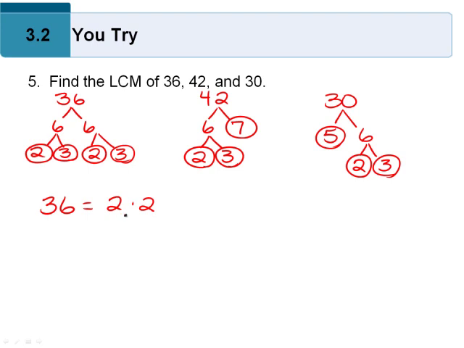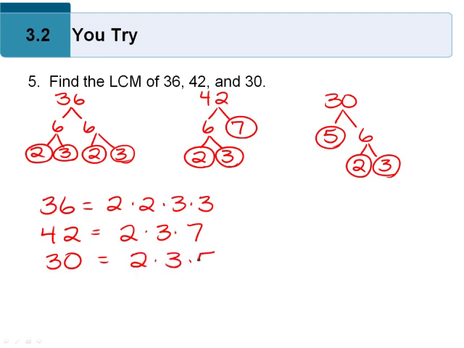I've got 2 2's, I want to keep them together, and I've got 2 3's. Keep those together so that you see 2 2's, 2 3's. On 42, they're all different: 2, 3, 7. And on 30, I have 2, 3, and 5. So we've got 2's, 3's, 5's, and 7's.